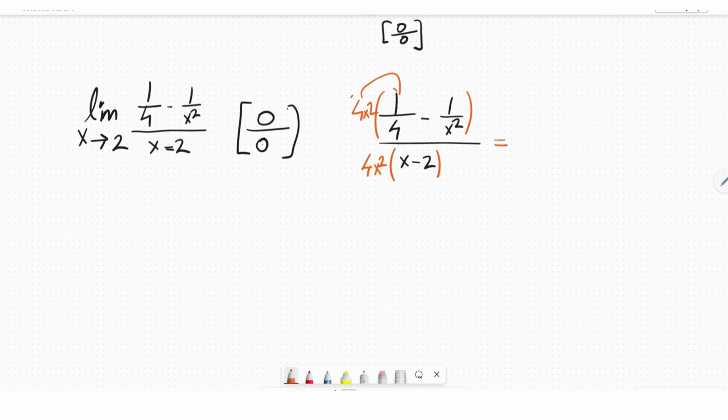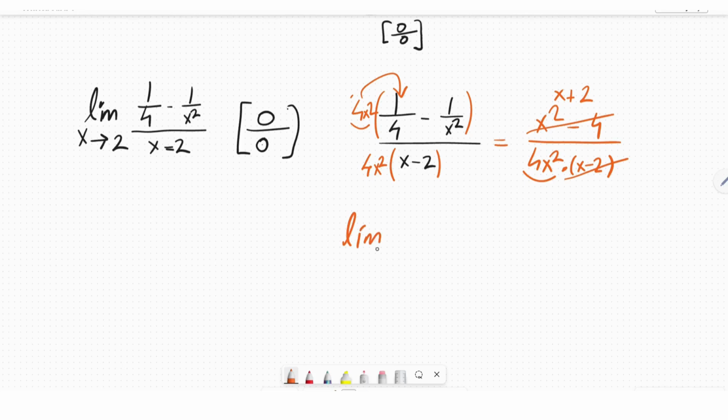When you distribute this factor into this parenthesis, we have obtained x squared minus 4 at the top, and we got 4x squared times x minus 2. Now as you see, these and these simplify. We got x plus 2 here and 4x squared. Now we are ready to substitute x is equal to 2.